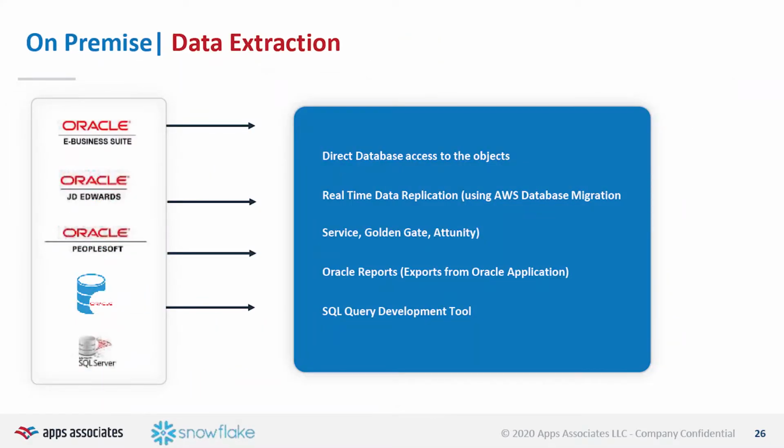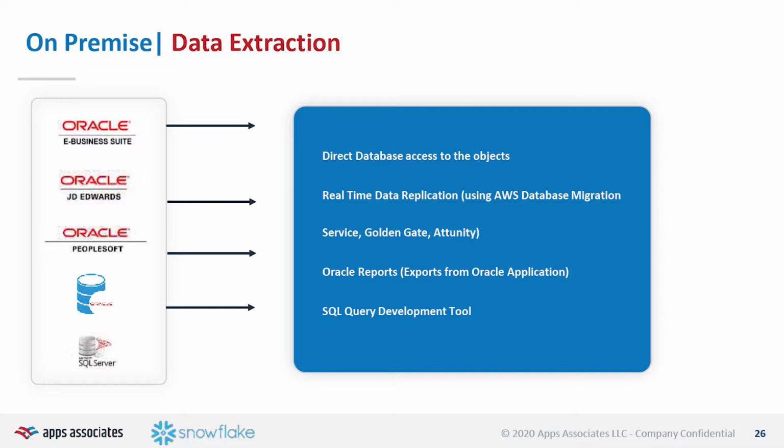On-premise systems have been around for quite some time, and the nature of how we extract information has been pretty straightforward, or well defined. Whether we use direct access to the objects themselves, or employ a data replication tool that enables real-time replication, or build a manual extraction process, whether it is creating reports within the Oracle application itself, or using SQL development tools.